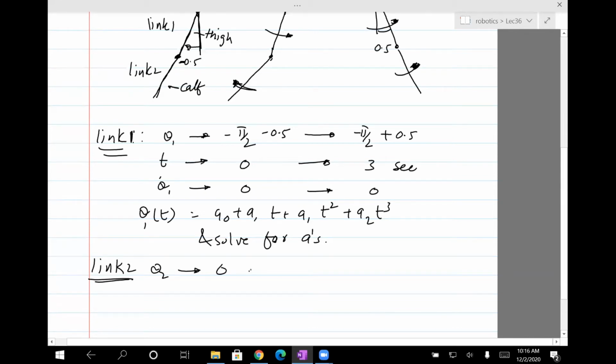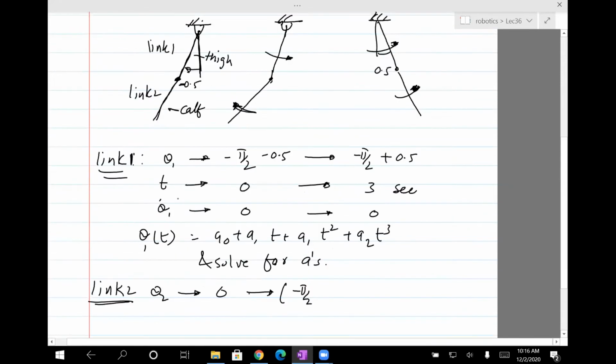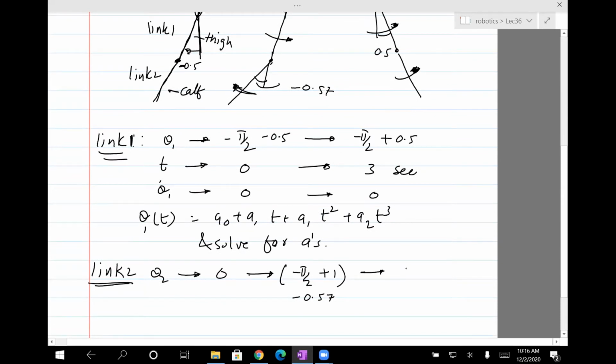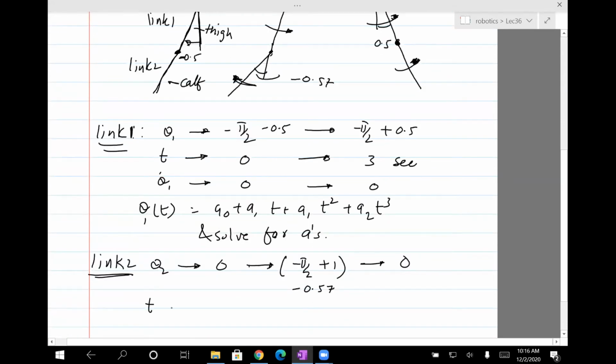Then it goes backwards to minus pi by 2, which is basically minus 90 plus 0.1, ensuring that it goes slightly negative. Then the difference between these two is minus 0.57, which means that this angle is going to be minus 0.57. Then it goes back to 0, because it ends such that link 2 is aligned with link 1, and the time goes from 0 to 1.5 to 3.